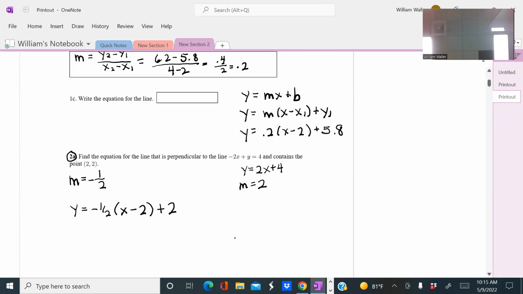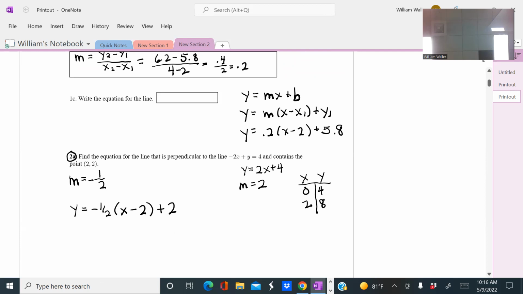So just build a table of XY values for those two lines, right? Okay, how do you build a table of XY values? Well, just pick an X value and find the matching Y value. For this line, if X is 0, Y is going to be 4. If X is 2, Y is going to be 8, right?